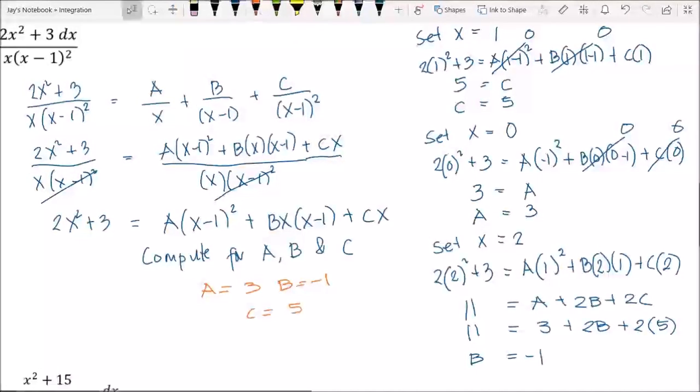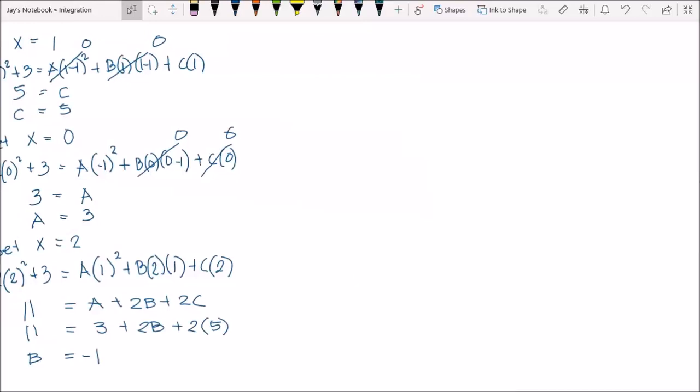We substitute a, b, and c into our partial fraction. Okay, let's rewrite our problem, that is the integration of 2x squared plus 3 over x times x minus 1 squared.